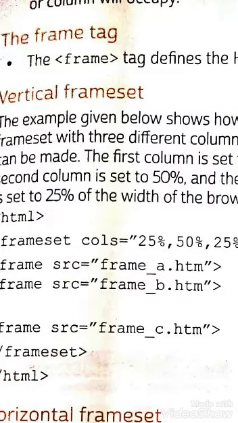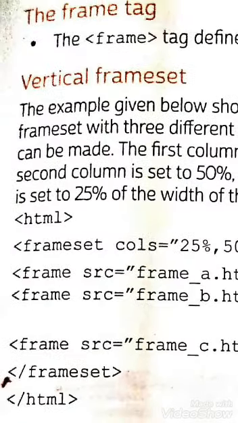So how to use the frame tag? Always remember, frames can be done in rows and columns. The frameset tag defines how a window can be divided into frames. Each frameset defines a set of rows or columns.